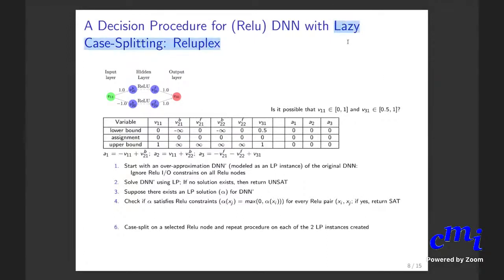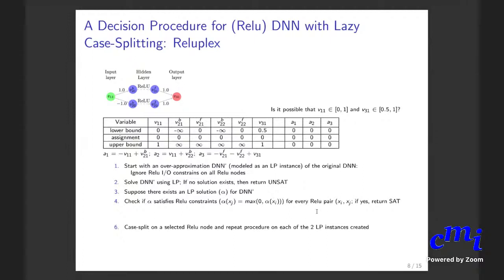The one central idea, the key idea of Reluplex, is you construct a certain kind of linear over approximation, which throws away all the ReLU constraints to get an LP instance, and try to solve it. Then check individually if they are satisfied, otherwise you do case split.